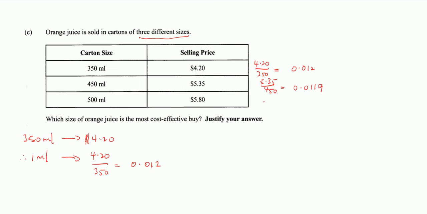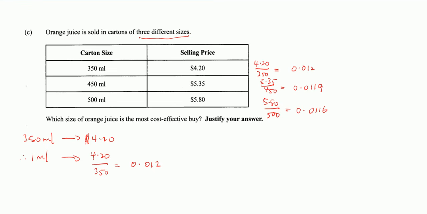In the case of the 500 mil, it will be 580 over 500, which gives me 580 divided by 500, and that is 5.8. That'll give me 0.0116.